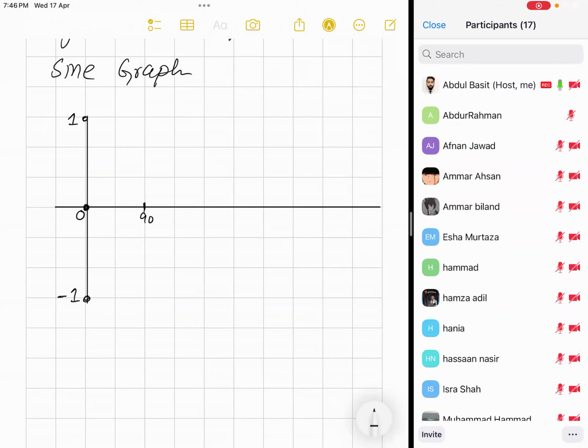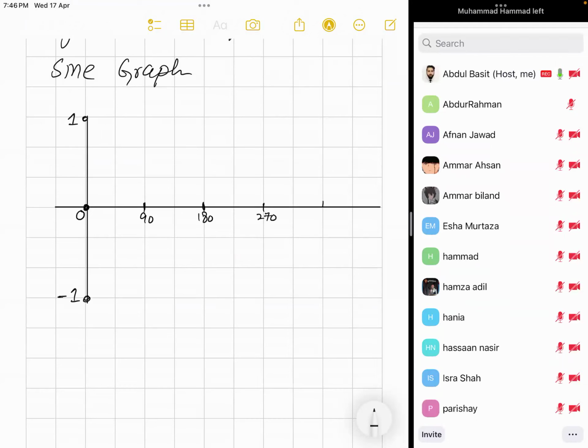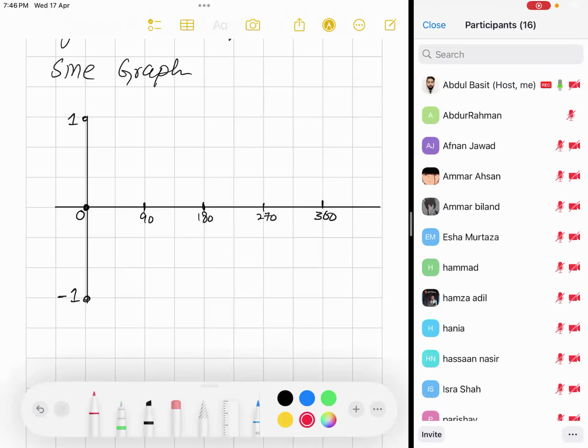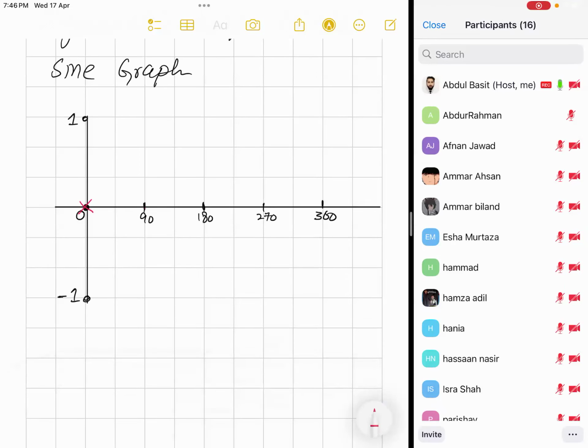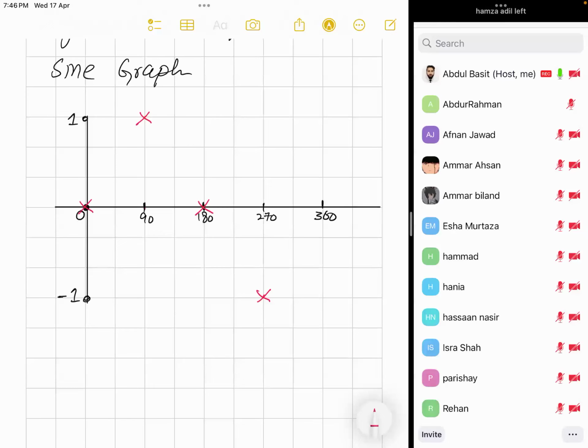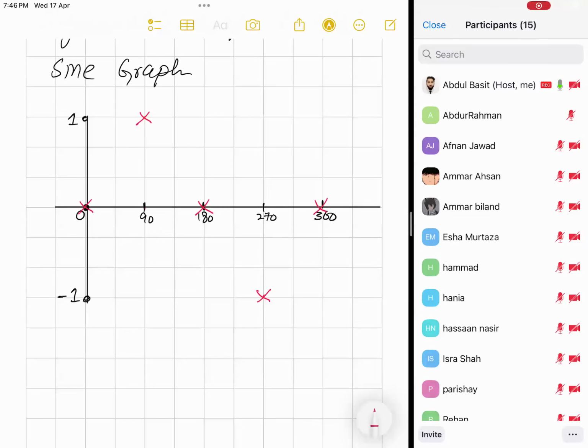This is 90, this is 180, this is 270, and this is 360. Check in calculator: sine 0 is 0, sine 90 is +1, sine 180 is 0, sine 270 is -1, and sine 360 is 0.